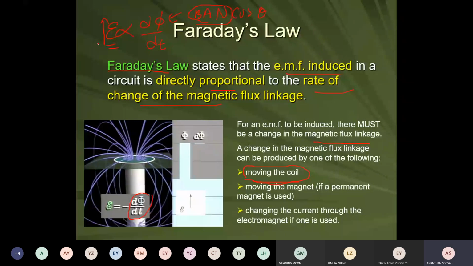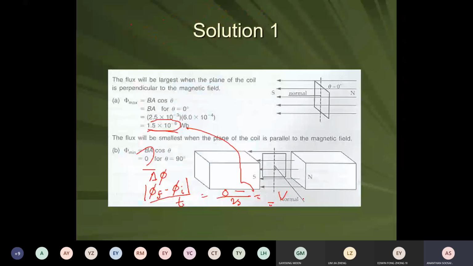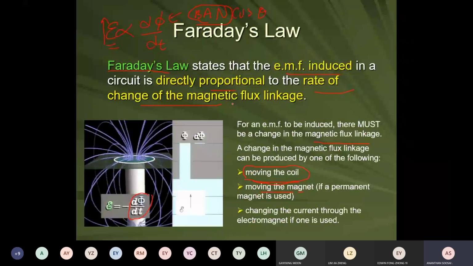Or another way, don't move the coil, move the magnet, which is very, very rarely done. Make the coil stay the same, but move the magnet at the side, turn the magnet. When you move the magnet, the flux will also change because the angle, theta, is changing. But moving the magnet is very rarely done.